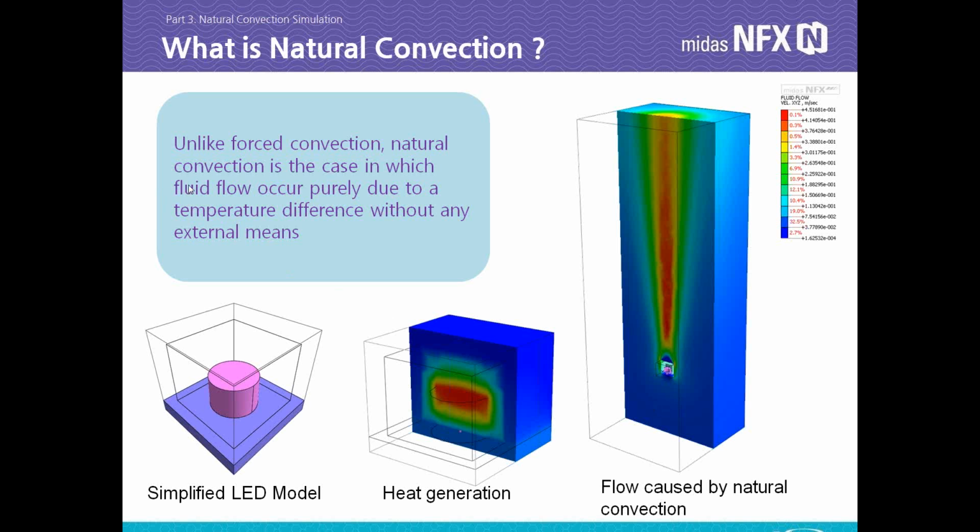So in natural convection, you don't need to apply any fan or anything. This is only the density, the thermal, the heat transfer, actually the heat generation, is causing some dilatation of the air around the model, which is causing some movement of the fluid.